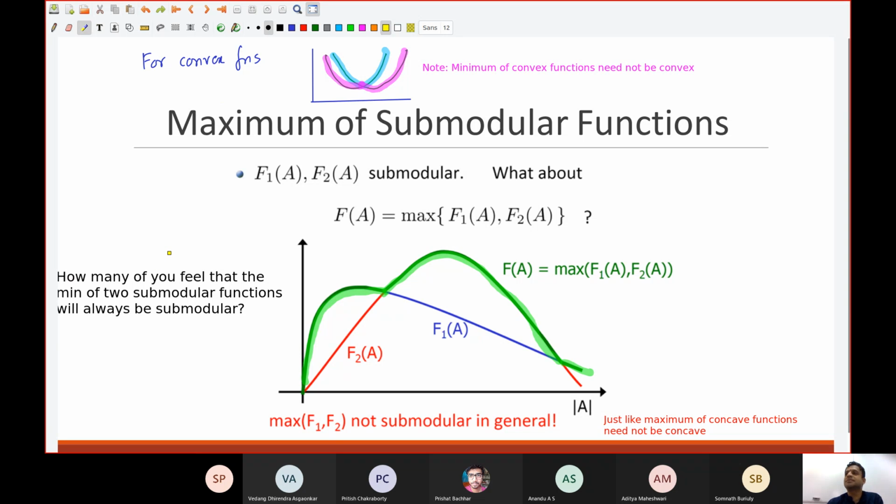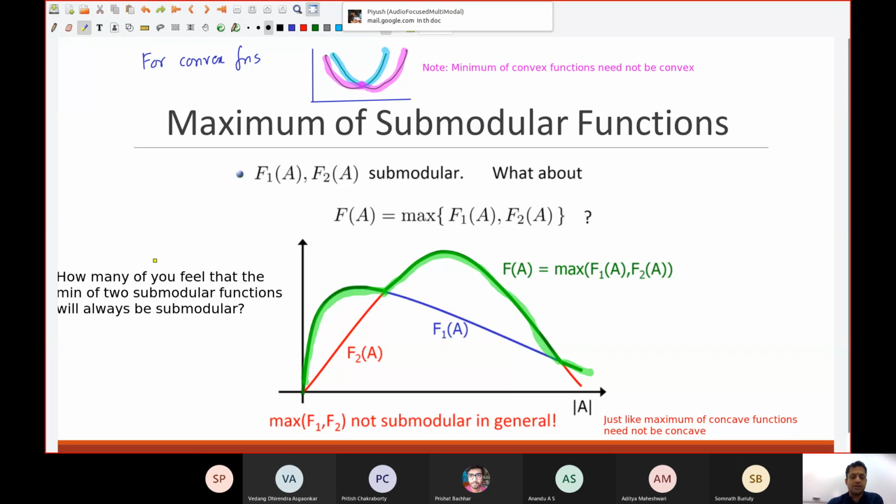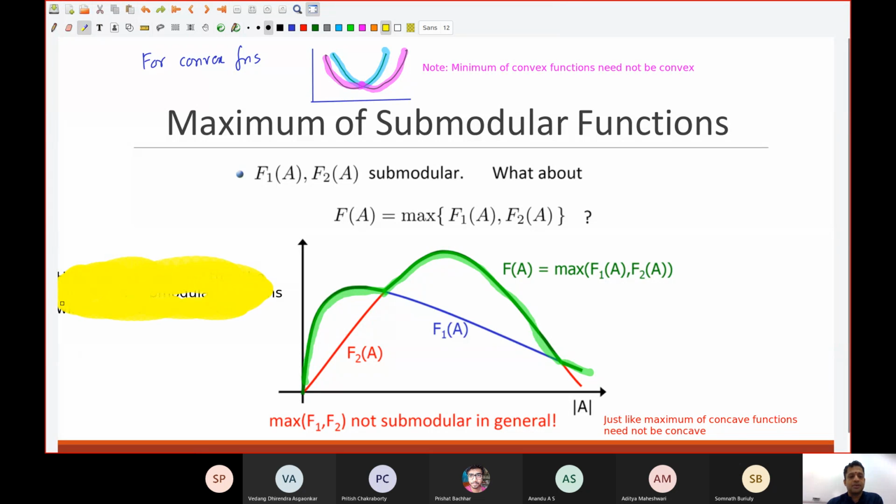You don't think so? Anyone on the call? Show of hands. So you feel it's not going to be submodular? Not sure. Okay. So you feel probably because they behave like concave functions, right?